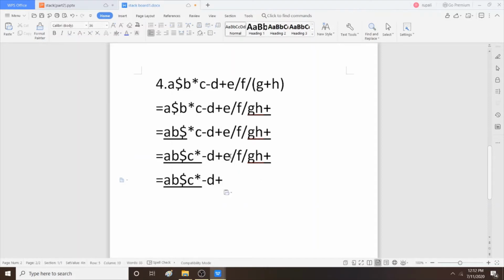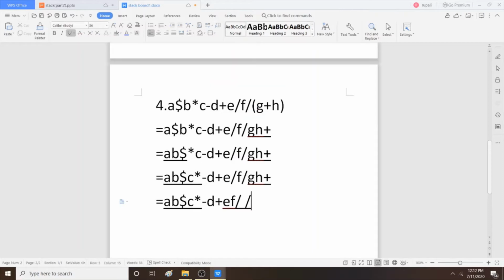Now this by, E by F means EF by, EF by, underline this. Okay. Now there is another by, just write that by. No need to give underline here. Now GH plus, underline this.